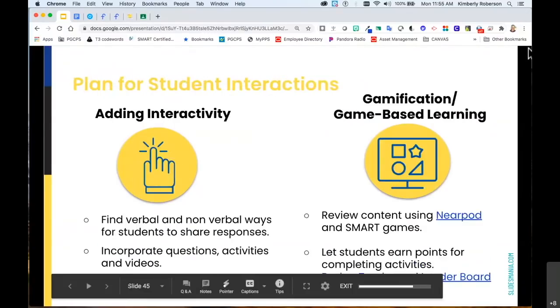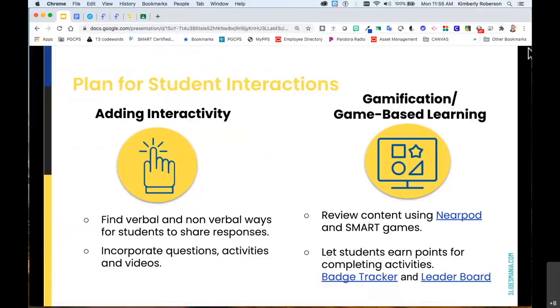As you're planning for student interactions, you want to make sure that your lessons are interactive. As you're planning your lessons, think about how you will build prior knowledge, elicit classroom responses, or check for understanding. Now, when it comes to these classroom responses, think about how you want virtual and in-person students to respond to questions. In addition to answering questions verbally, you may want polling, reactions, or chat for student responses.